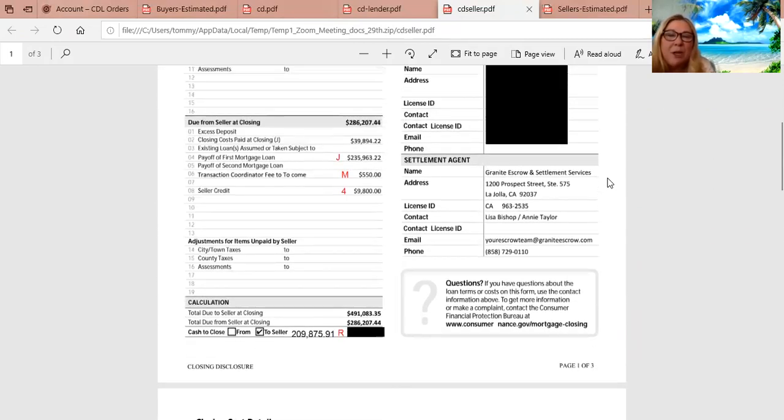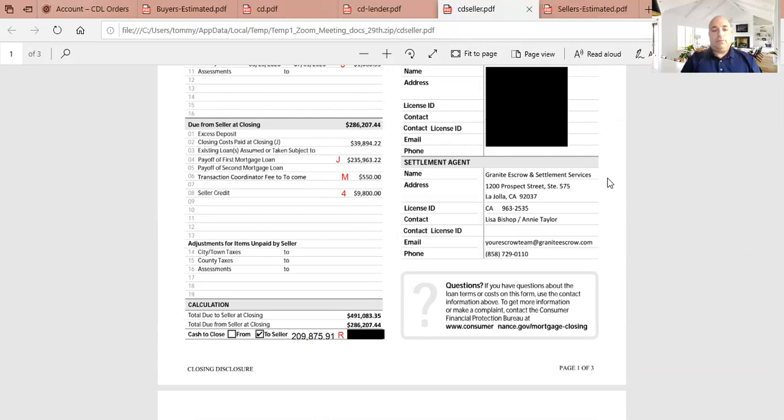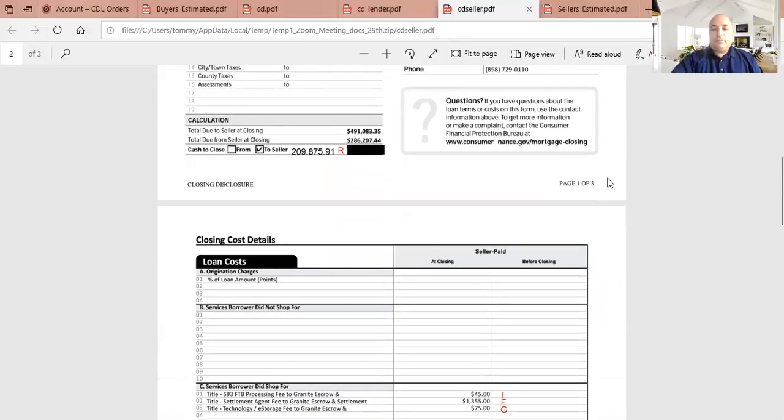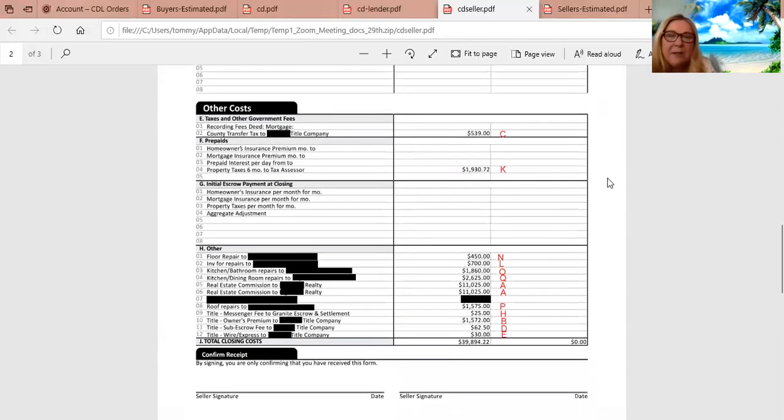But even here, if you see where M is, go back up. This was really strange. So see up here, M, the transaction coordinator fee, it's on page 1. It's not even in a general, like other expenses. Correct. So the transaction coordinator fee is up with the payoff. Okay, go back down. And then you'll see you have escrow title, that's pretty basic.